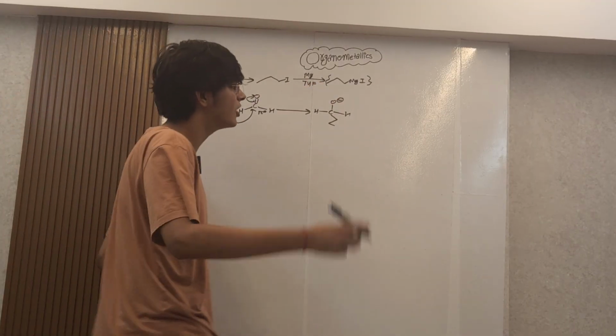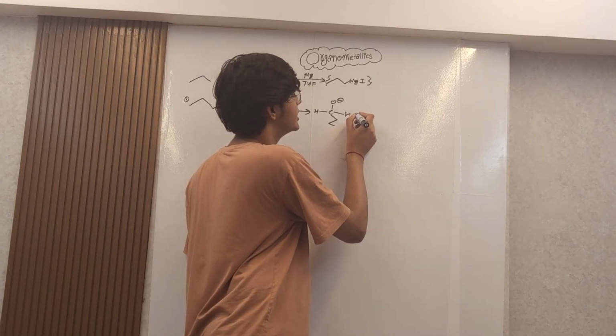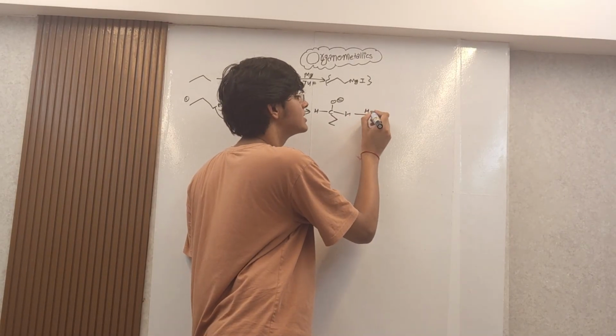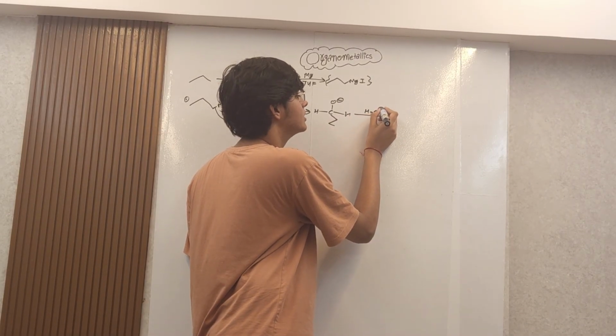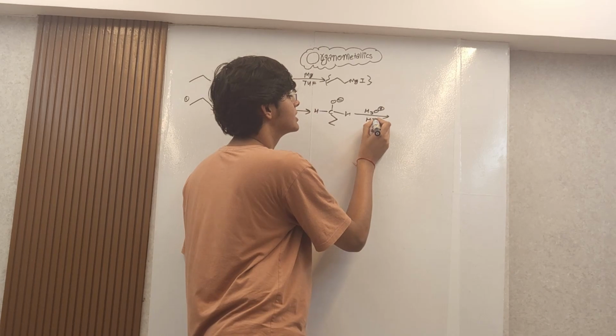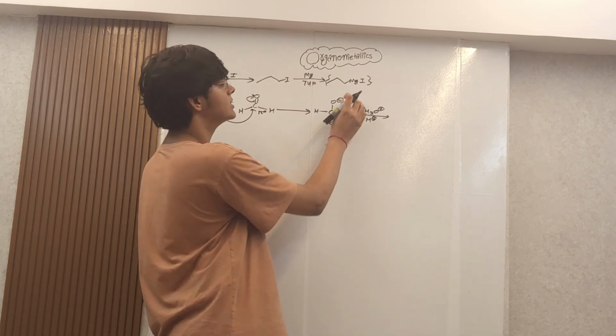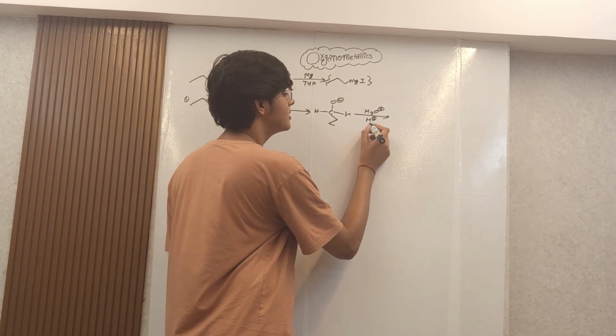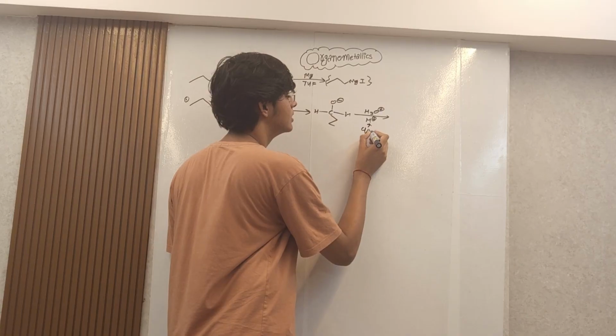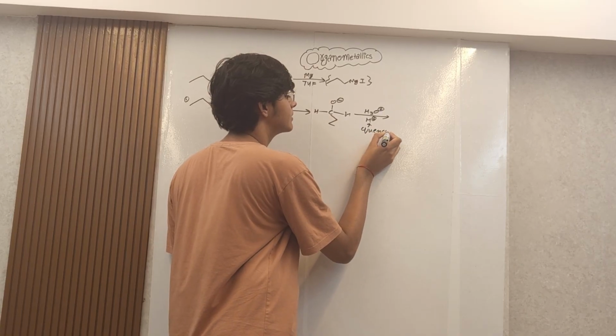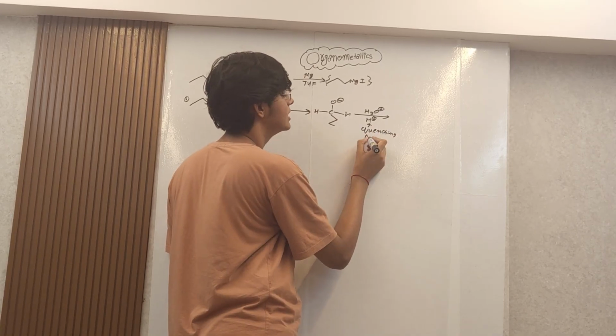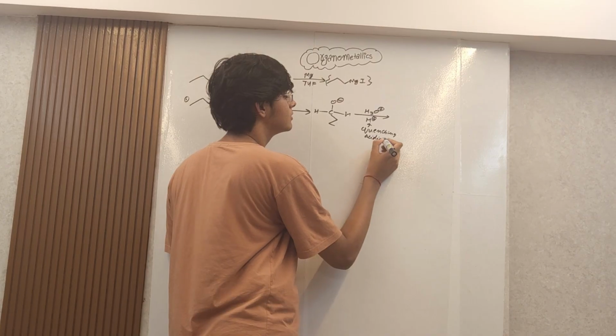Now this negative charge is not good. We don't want that. So what we will do is put it in an acid or anything that will give it H plus to neutralize this negative charge. This step is called quenching, or an acidic workup.